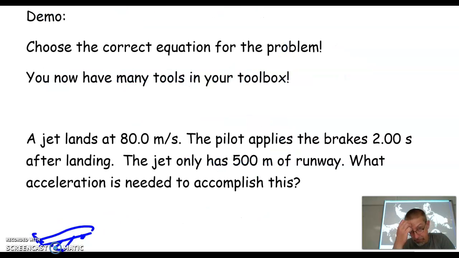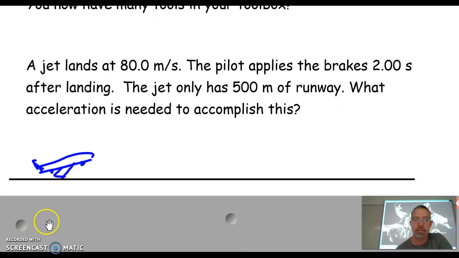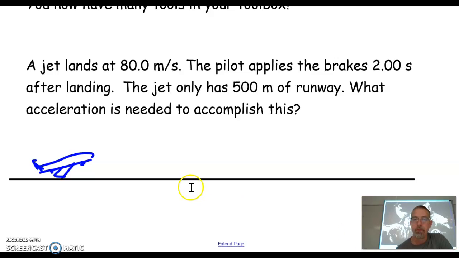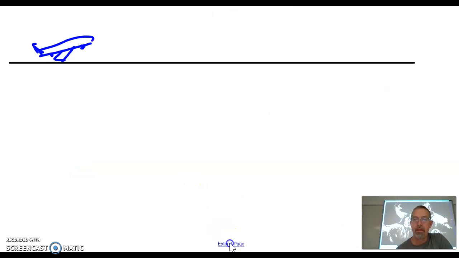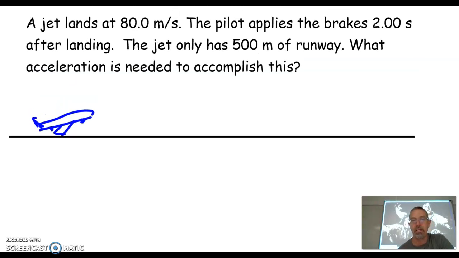Now this problem is a little bit more complicated. The whole idea is you've got to choose the correct equation, and you've got a lot of tools in your toolbox to work with. So let's say you've got a jet landing at 80 meters per second, and the pilot is going to apply the brakes 2 seconds after landing. The jet only has 500 meters of runway.